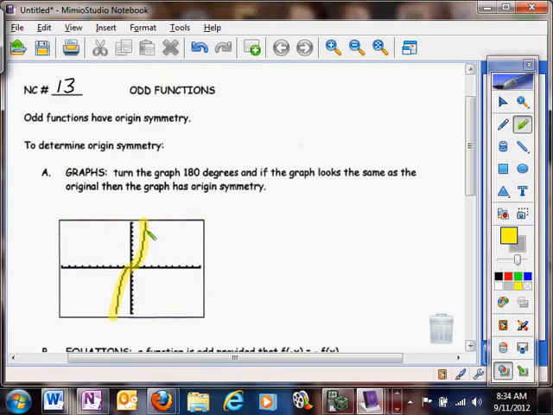Because when I turn it 180 degrees, which means upside down, this top right tail becomes the bottom left tail. So this one will have origin symmetry, and therefore it would be an odd function.